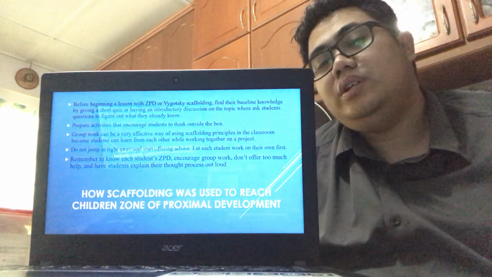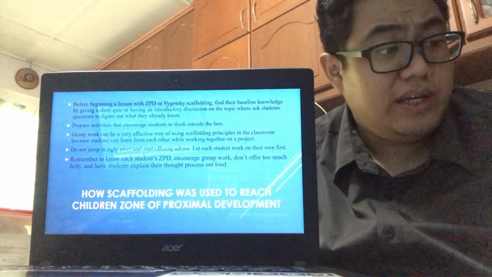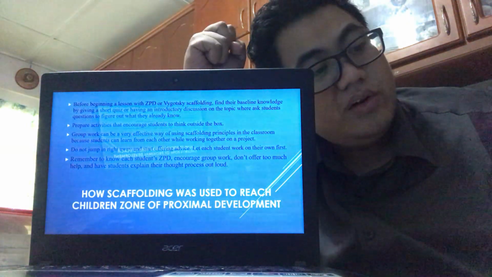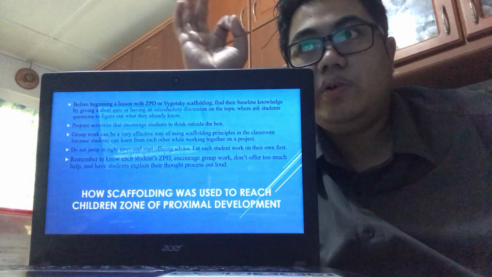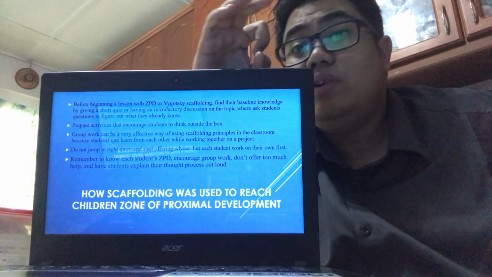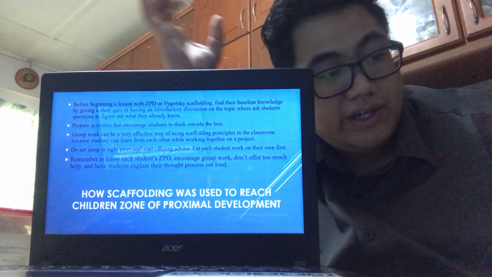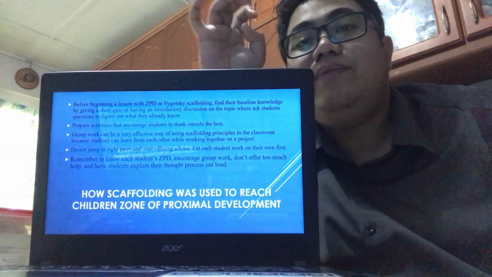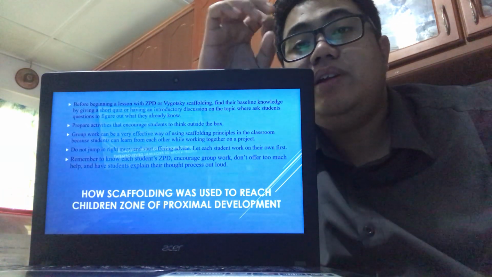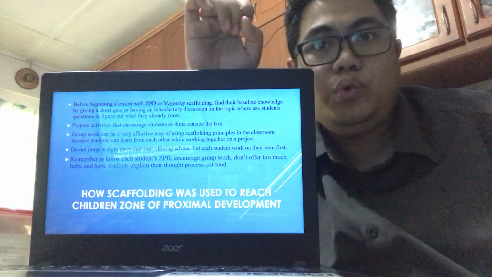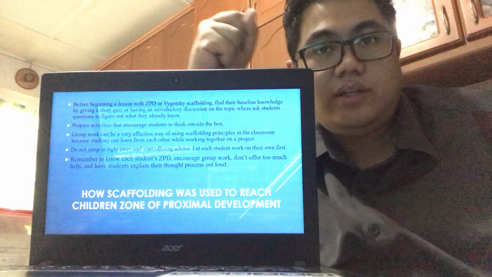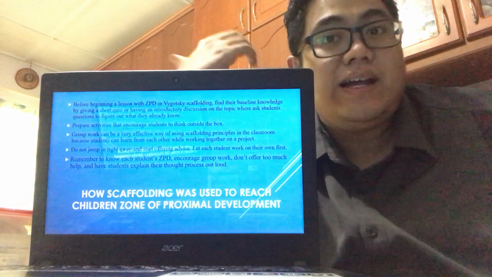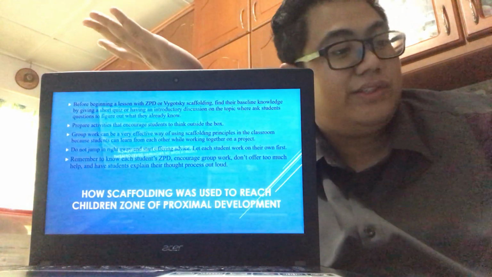According to scaffolding and ZPD, we have three circles. For the first circle, as I mentioned just now, what they can do by themselves, so do not offer too much help. Let them do it themselves first. The second one is what they can do with guidance. If they have difficulty, they will ask you to guide them, so give them the guidelines and let them finish the rest.